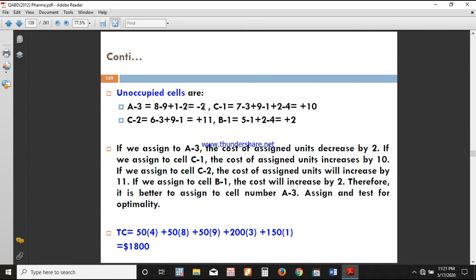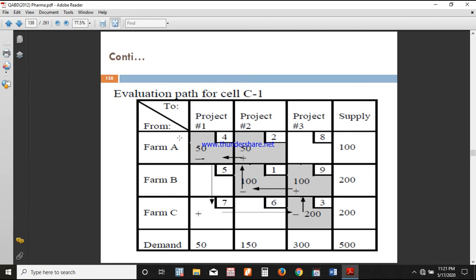Therefore, now the lowest value is minus 2, so we should consider this. A3 is the area that we should remodify so as to reduce the total cost. In A3, this is plus, minus, plus, minus.